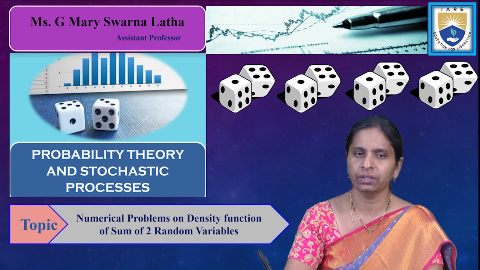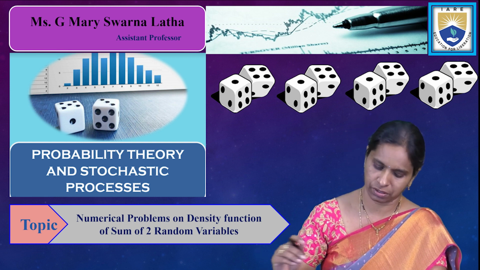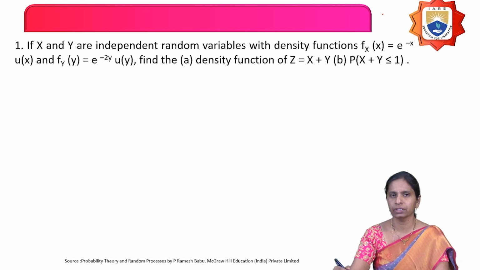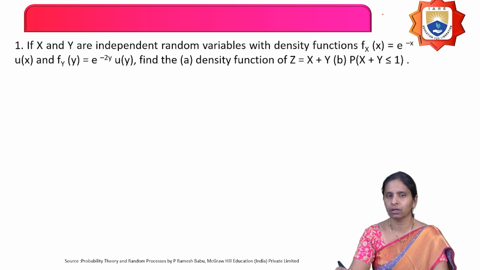In today's lecture, we are going to discuss problems on the sum of two independent random variables. We have discussed the probability density function of the sum of two independent random variables.